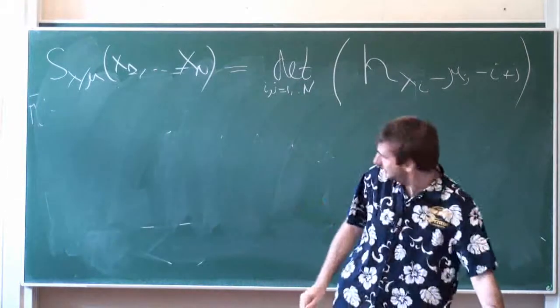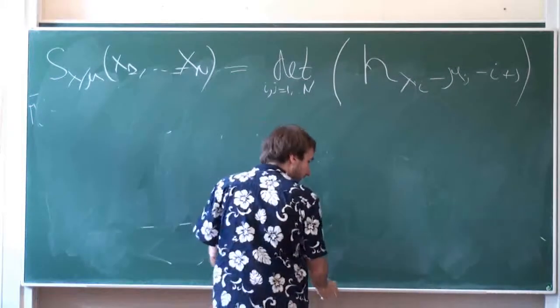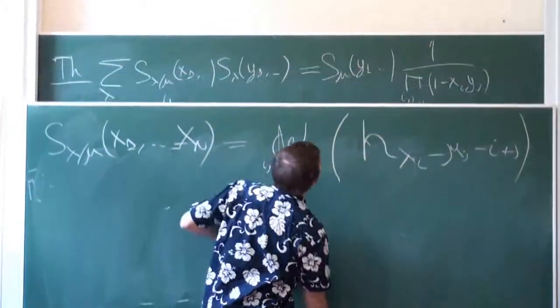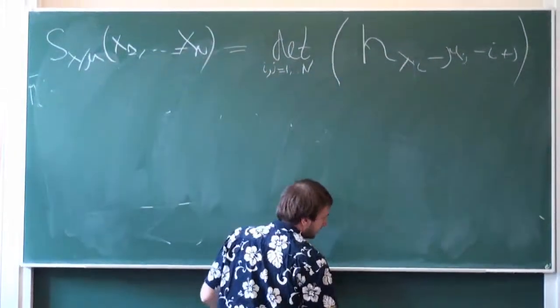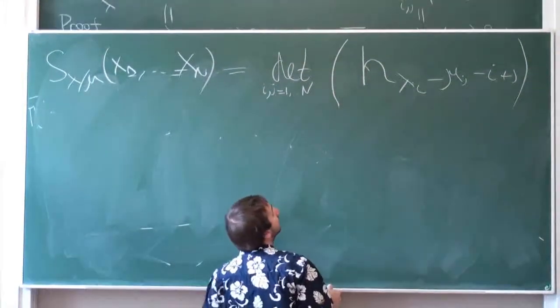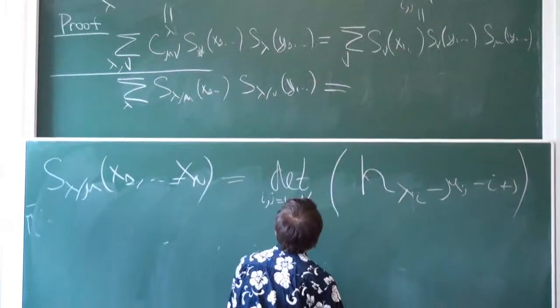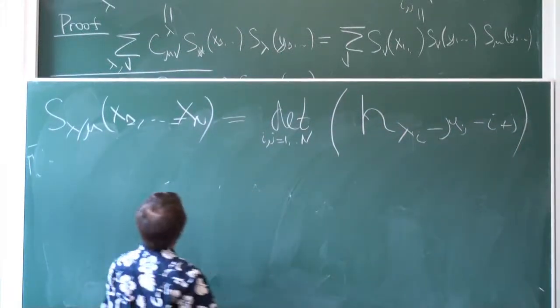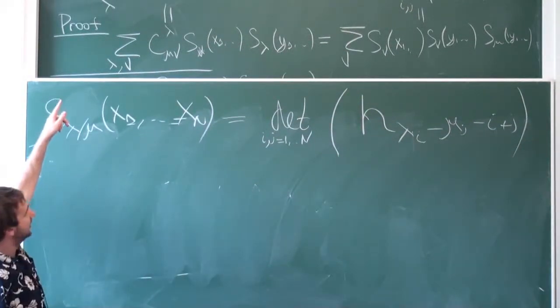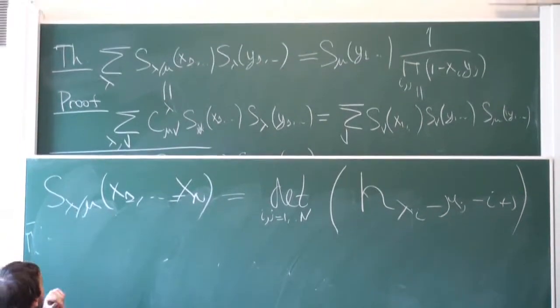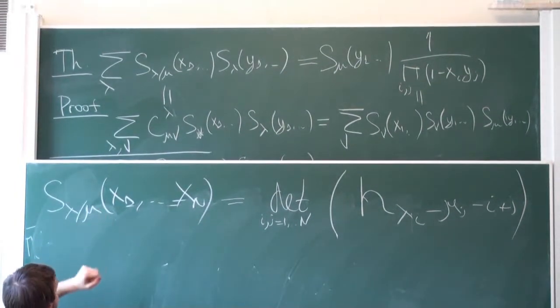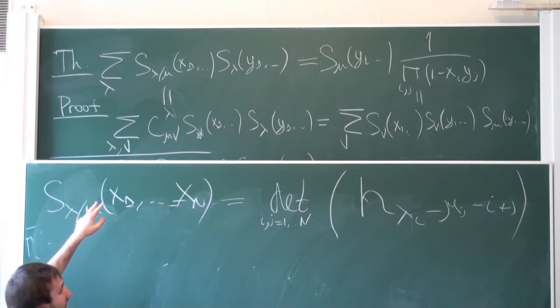Yeah, so how to prove it? To prove it, we will use some general principle. So look at the formula at the very top. In principle, it explains to us how to compute the skew Schur polynomial in x's.